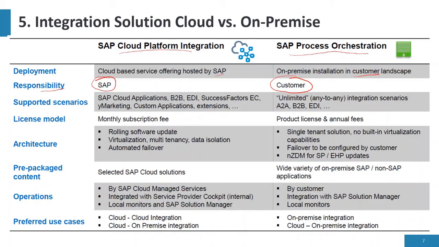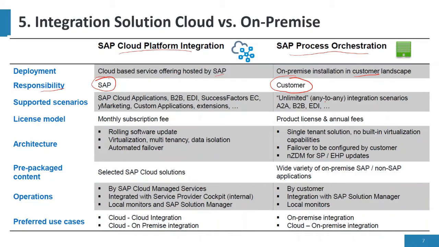Okay, then supported scenarios: almost everything that was supported in process orchestration is supported in Cloud Platform Integration. But we have to understand one thing: Cloud Platform Integration is new compared to process orchestration, that is PIPO.